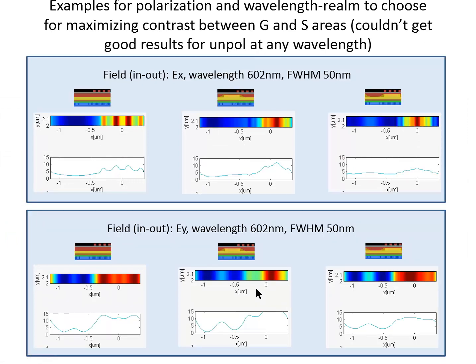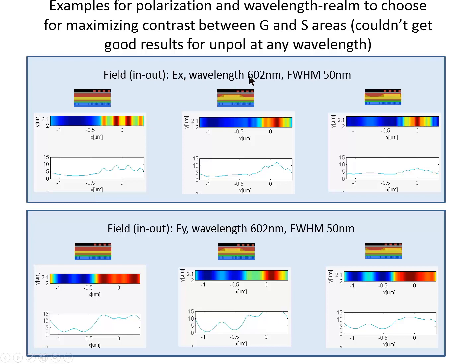So this is the example for polarization and wavelength ranges to choose for maximizing contrast between the G and S areas. We couldn't get a good result for unpolarized at any wavelength. So we will choose in areas.